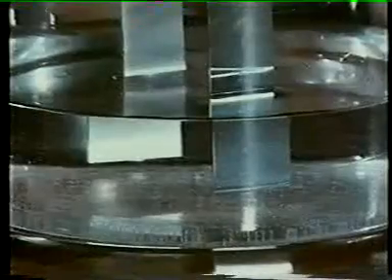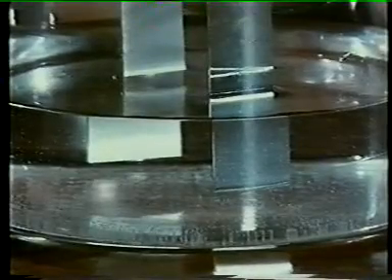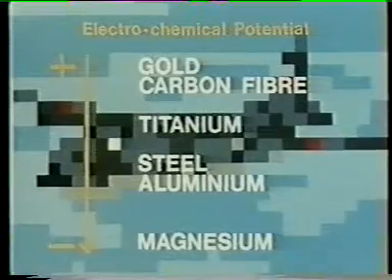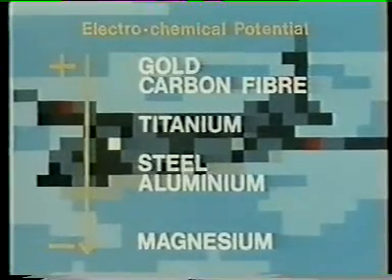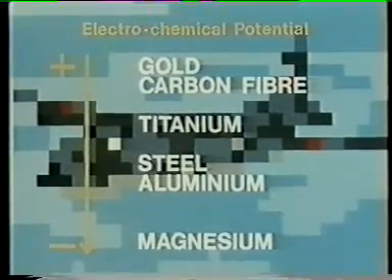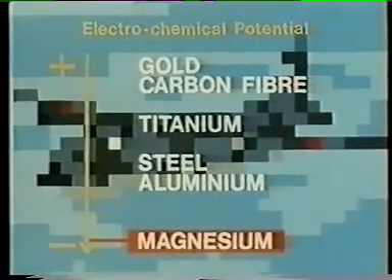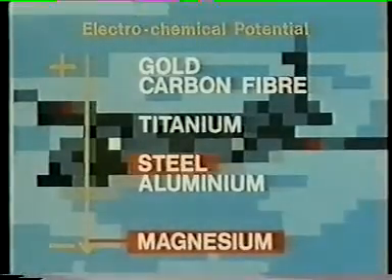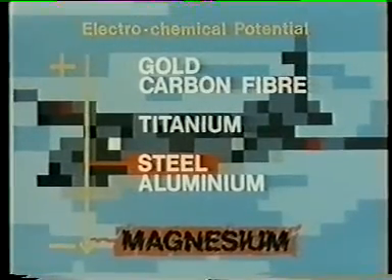The consequence is that the material with the lower potential, the aluminium, will be slowly eaten away. This is known as galvanic corrosion, and the bigger the difference in potential between the metals, the more rapid the corrosion. Magnesium, for example, has a lower potential than aluminium, so in contact with steel, it corrodes even faster than does aluminium.